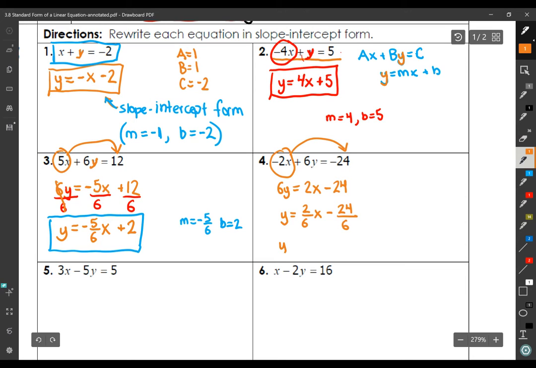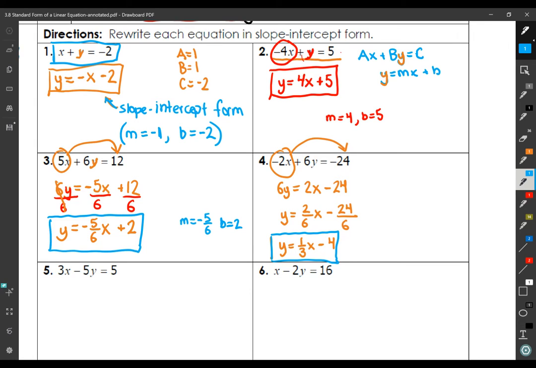That simplifies to 1 over 3x minus 4. Okay, so this is the slope-intercept form of the standard form above, where we have a slope of 1 over 3 and a y-intercept of negative 4.